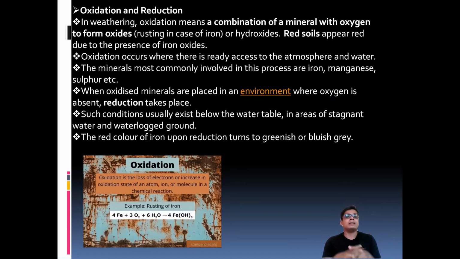Red soil appears red due to the presence of iron oxide, Fe2O3. When this reacts with water, this kind of oxide forms, and due to this, the color of red soil, which we already studied in geography, is red because of the presence of iron oxide.